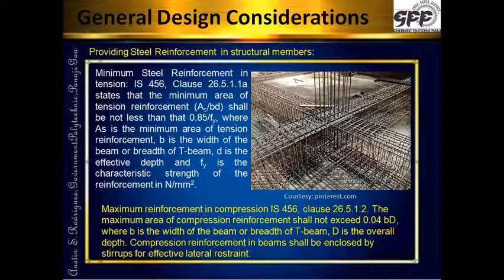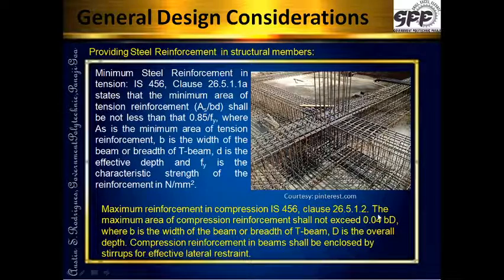Now the other aspect of it, maximum reinforcement in compression. Here the maximum area of compression reinforcement shall not exceed 0.04 BD. Please note, it is 0.04 BD. B is the width, D is the overall depth.